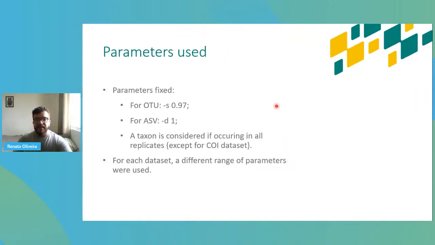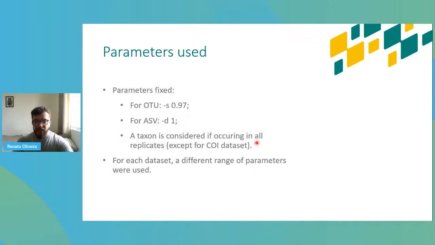We have set some parameters as fixed parameters. For example, using the OTU strategy, we fixed the clustering similarity to 97%. And using the ASV strategy, we fixed the parameter of accepting one nucleotide of difference.